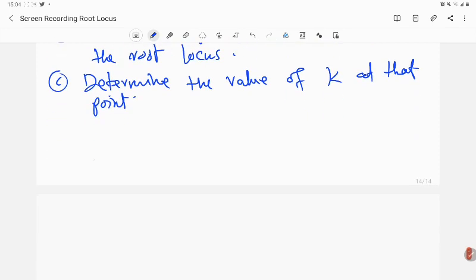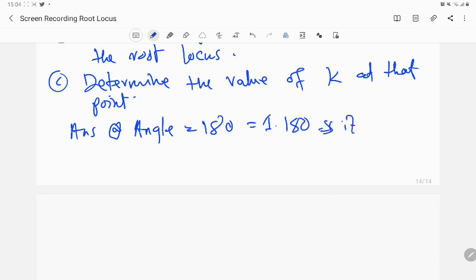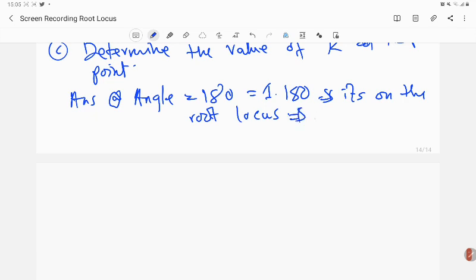I'm going to give you answers to guide you. For A, the angle equals 180, which is 1 times 180, which implies it's on the root locus, and that is a pole of the closed loop transfer function.